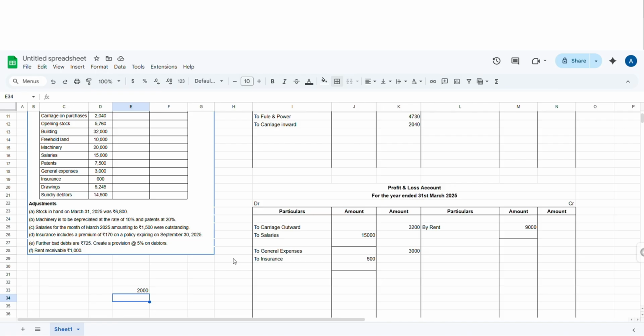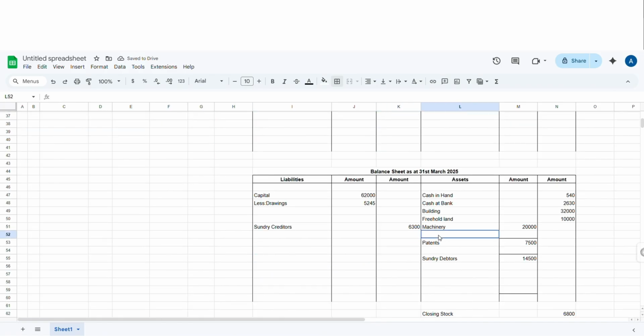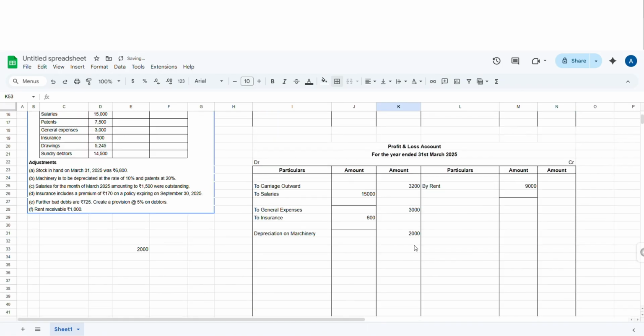That is, once in the profit and loss account on the debit side, we record depreciation on machinery, ₹2,000. Then the other entry is in the balance sheet, deducted from machinery, less depreciation 2,000, and the amount is 18,000.